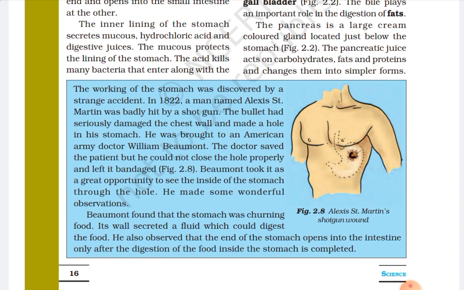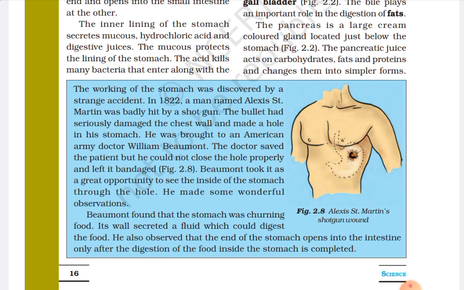The doctor saved the patient, but he could not close the hole properly and left it bandaged. Beaumont took it as a great opportunity to see the inside of the stomach through the hole. He made some wonderful observations.